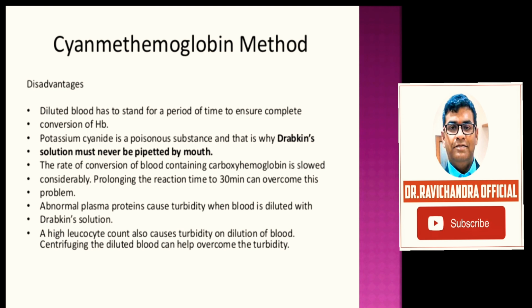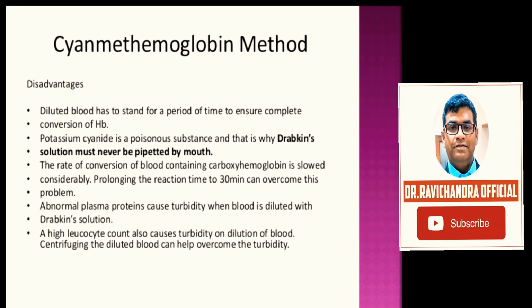Even though it has many advantages, it has a few disadvantages. First, diluted blood must stand for a period of time to ensure complete conversion of hemoglobin. Potassium cyanide is a poisonous substance, and that is why Drabkin's solution must never be pipetted by mouth.